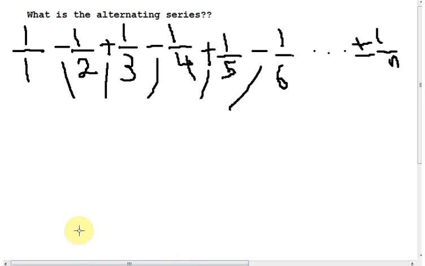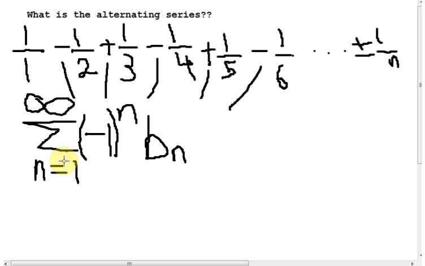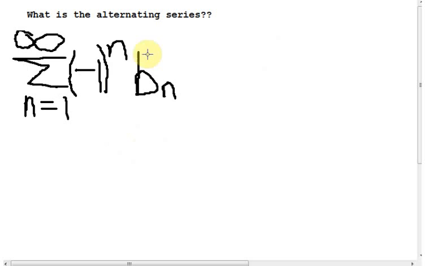So the general form for any alternating series would be sigma n equals 1 to infinity of negative 1 to the power of n times bn. The negative 1 would be the alternating factor, the bn would be the actual term, and from 1 to infinity of course is the range.